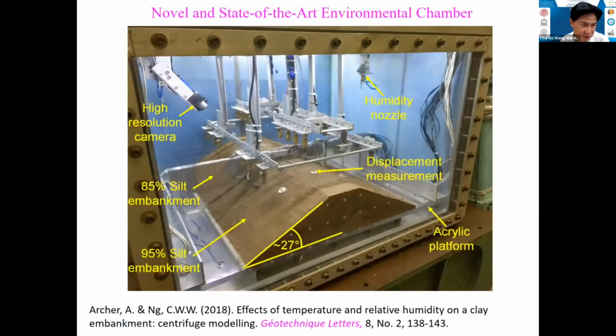You can see the humidity nozzle is being used. I use a high resolution camera to measure the surface deformation and so on. If you're interested, this is published in Geotechnical Letters 2018, and that gives you much more information than my presentation here.